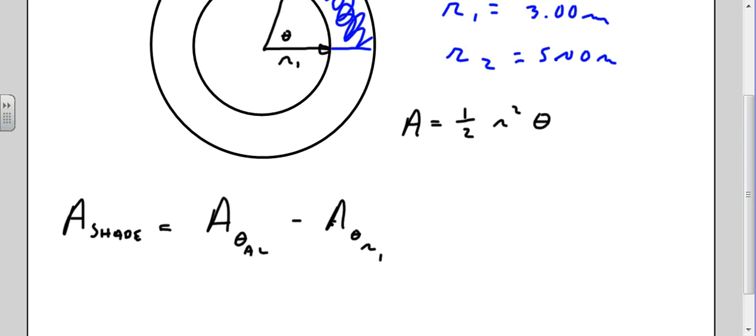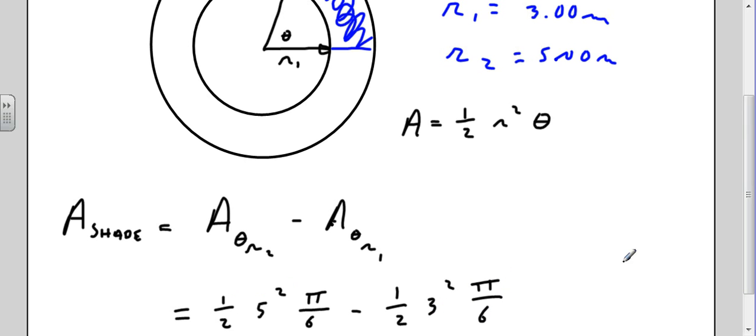We take the area of everything and then subtract the little guy. So I got 1/2 times 5 squared times pi over 6, minus 1/2 times 3 squared times pi over 6.